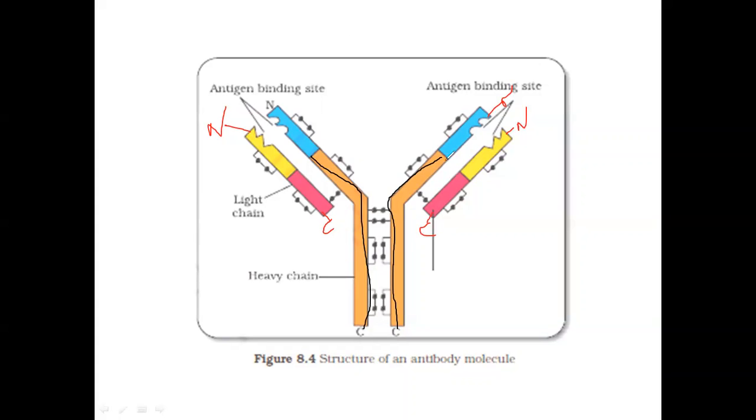They have the same type of amino acids, and these are stabilized by the disulfide bond. These 2 dots indicate the sulfide, and their bond is known as the disulfide bond.